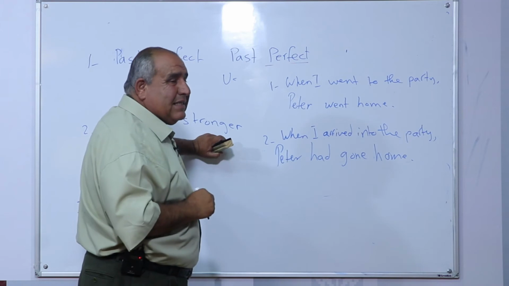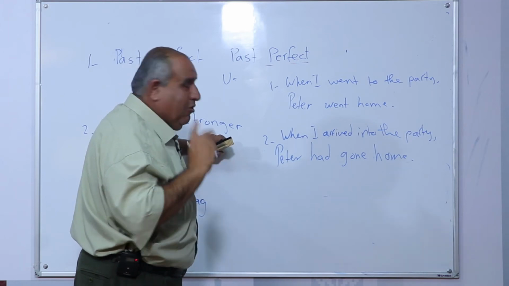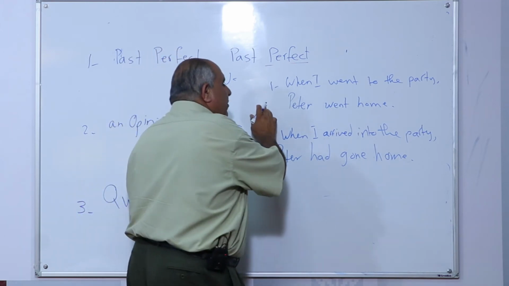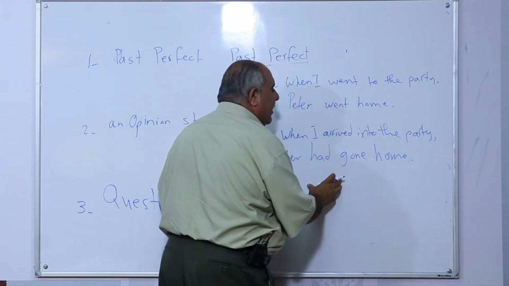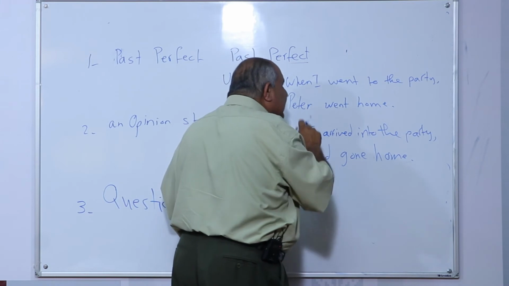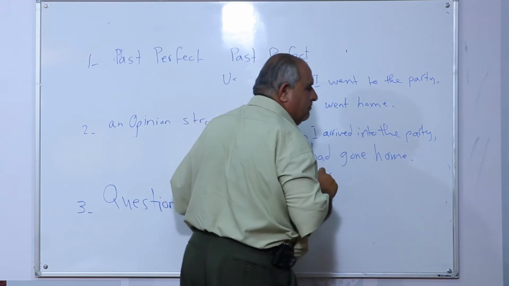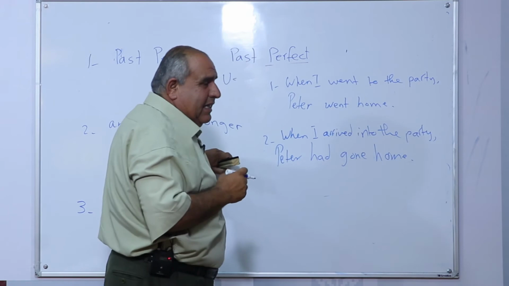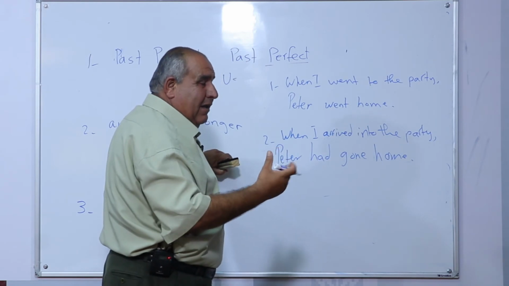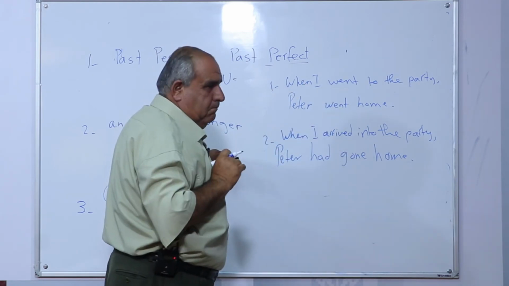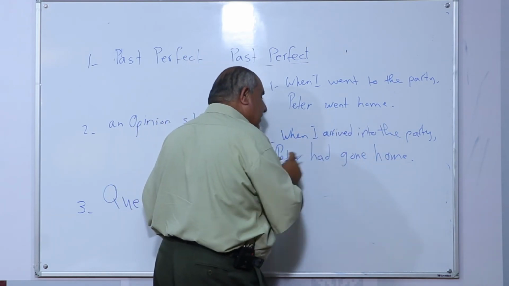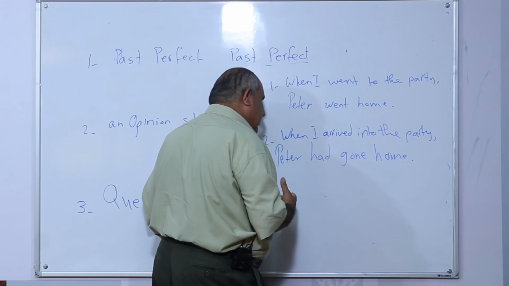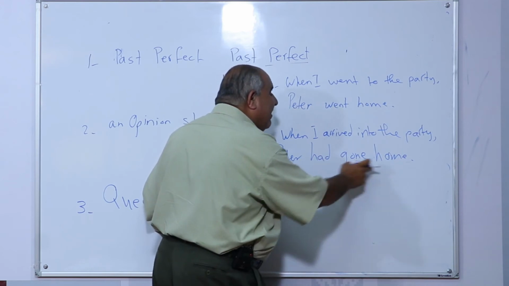But these two sentences are different in meaning. Look here now. When we talk about number one, it means when I arrived into the party, Peter at that moment went home. So it might mean that I saw Peter, but while going home. The second sentence, when I arrived into the party, and when I reached the party, Peter had gone home.